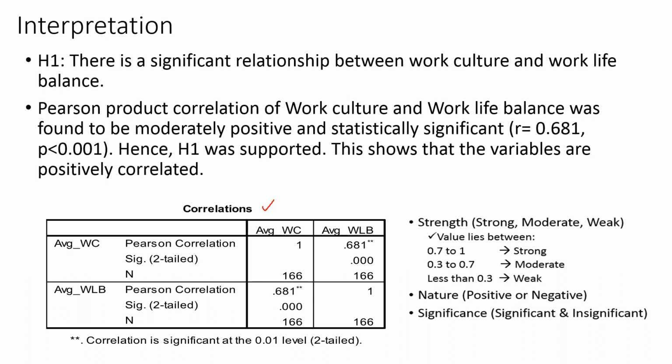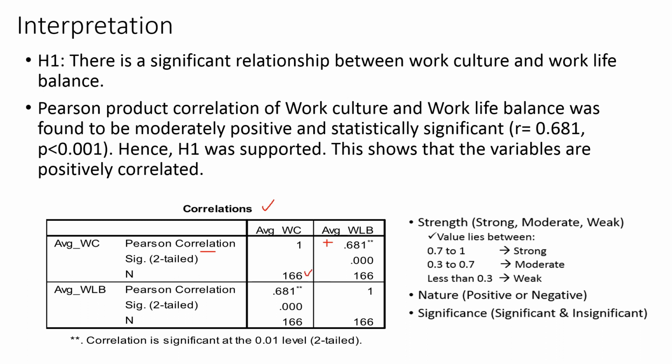Do not copy the same and paste it in your document. So this is the table which I got, and the Pearson correlation value I got is plus, there is no sign, that means it is positive, right? So plus 0.681, two-tailed significance 0.000, and total data I have is 166.